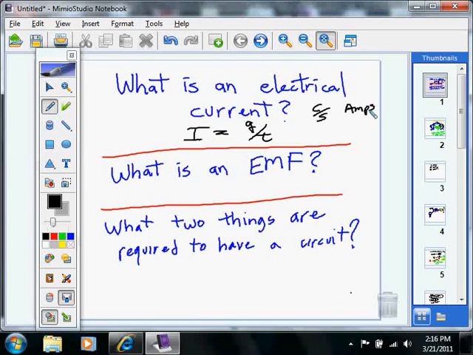Okay. Basically, it's the device that will put the charge back on the original terminal to keep the difference in charge concentration the same. In other words, to maintain a constant voltage. When I say EMF, you should think of the voltage source.